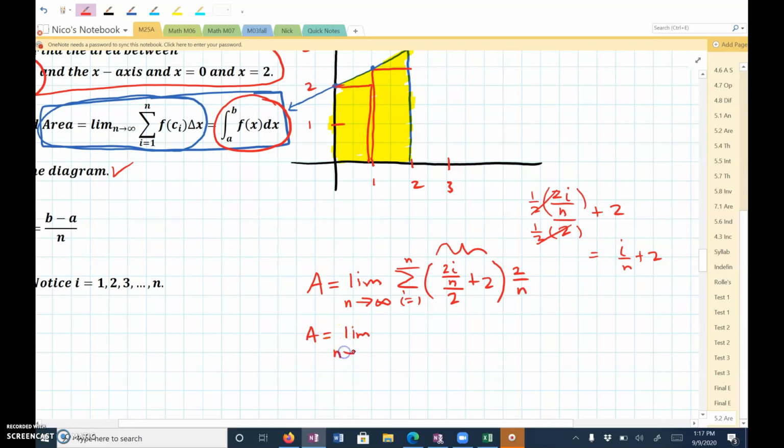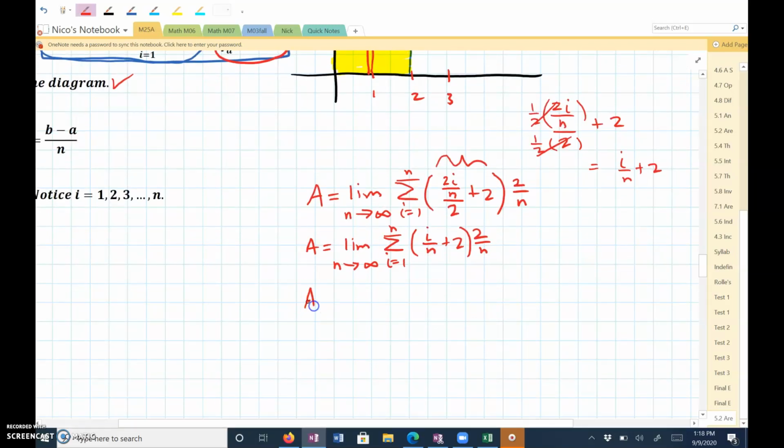So now the limit as n approaches infinity of the summation when i is 1 to n of i over n plus 2, times 2 over n. Then I would distribute the 2 over n through here. So this would become 2i over n squared plus 4 over n.